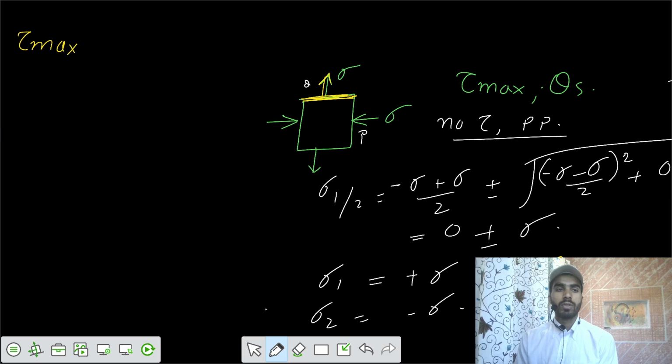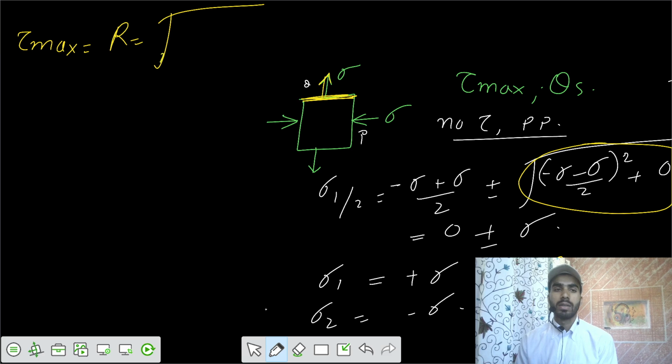From this calculation, tau max equals the radius, the same value that we got as sigma. So tau max equals sigma itself.